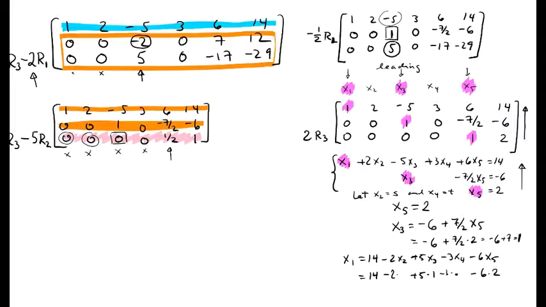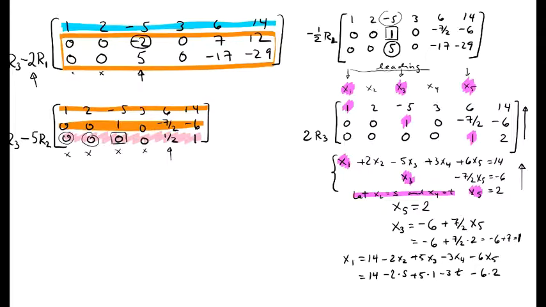So I will say that x2 is s, and x4 is t. The way it works is that you start your backwards substitution by assigning parameters, which means arbitrary values, to your free variables. The free variables are the ones that are non-leading.